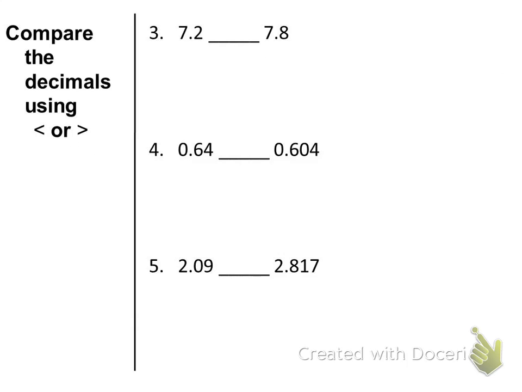Okay, for the second subtopic, we're going to write compare the decimals using less than or greater than. And we're doing the same thing now. They have the decimals. It's no longer fractions. So I have 7.2 and 7.8. Simply looking at the tenths place, which one is larger, 8 or 2? 8, that is correct.